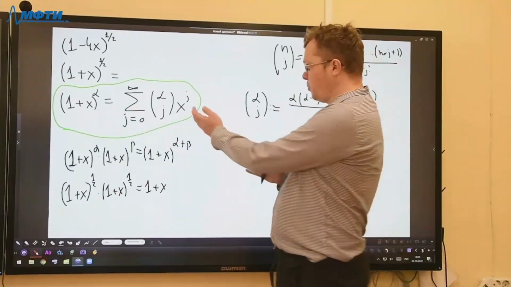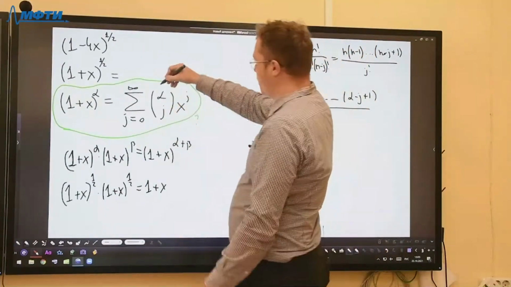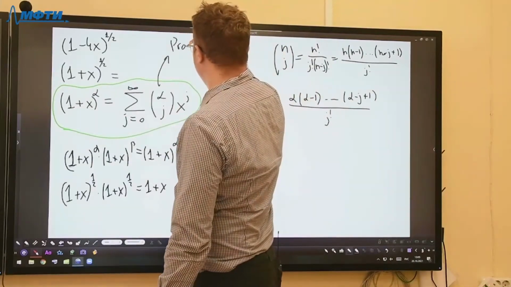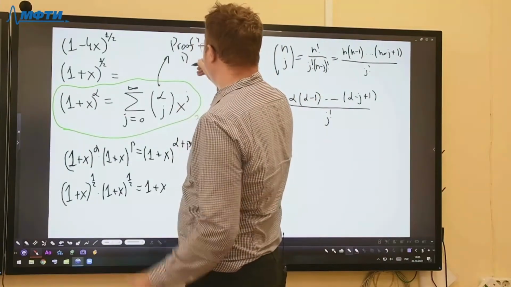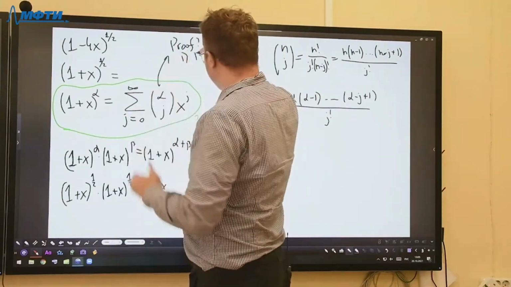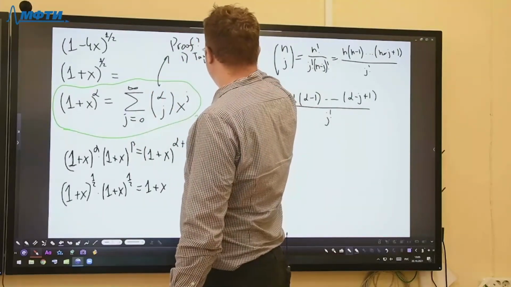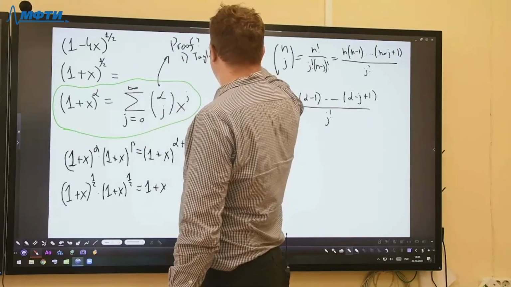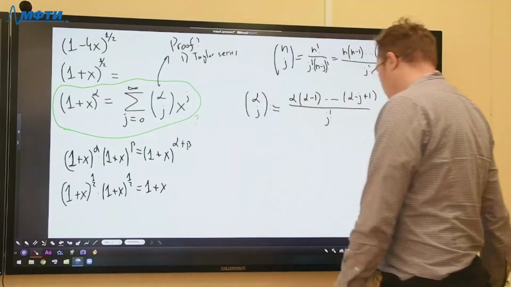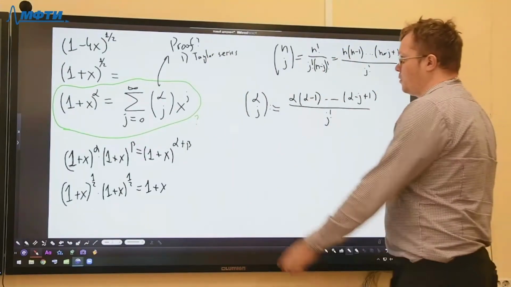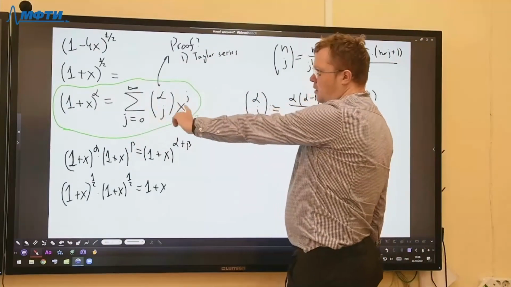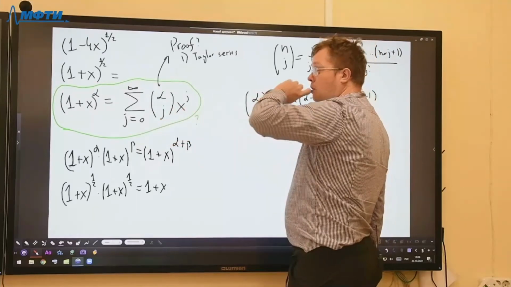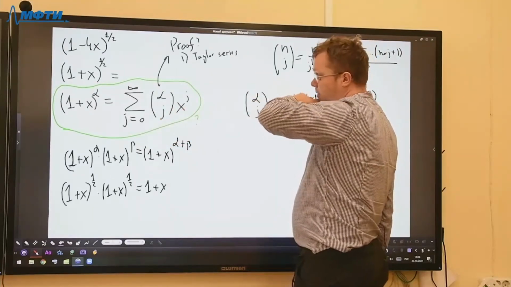So if I want to prove this formula, how can I prove it? First of all, I can connect this to the calculus course and say that you already know this from Taylor series.